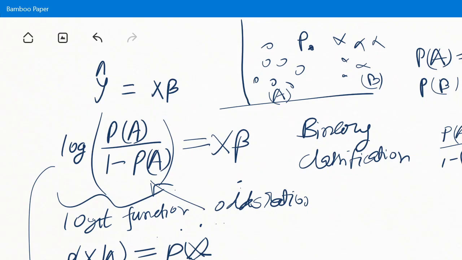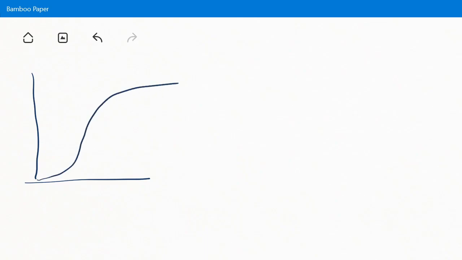So this is called the logistic or sigmoid function, and this has a shape like this.